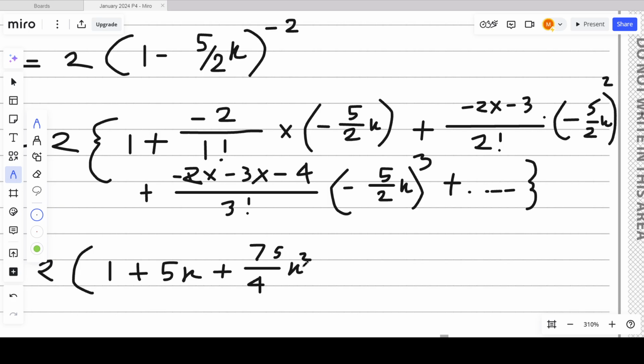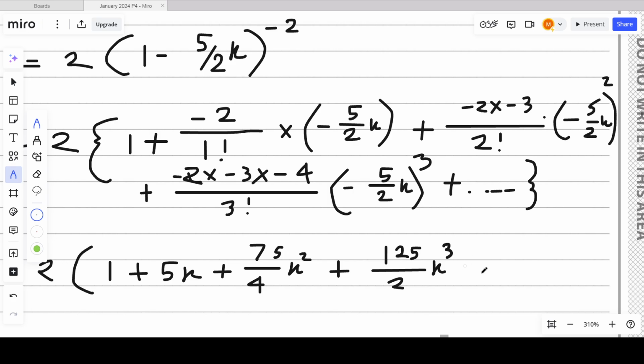Then minus times minus times minus is minus. In 3 factorial, the 3 and 2 cancel out, because 3 factorial is 3 times 2 times 1, so you'll have 4. 5 cube is 125 over 2 cube, which is 8. 125 over 8 times 4 is 125 over 2 x cube.